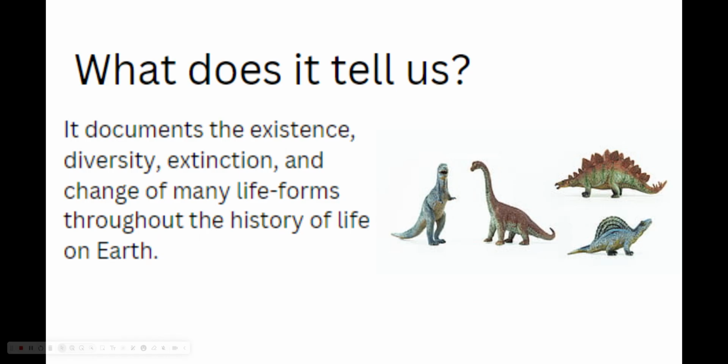And change of many life forms. For example, like you're learning in social studies class, humans have evolved over time. Organisms have evolved over time. One of the big ones we're going to be looking at is the whale, which is really cool. And this has happened throughout the history of life on Earth.